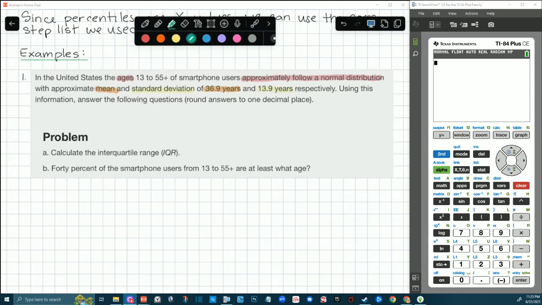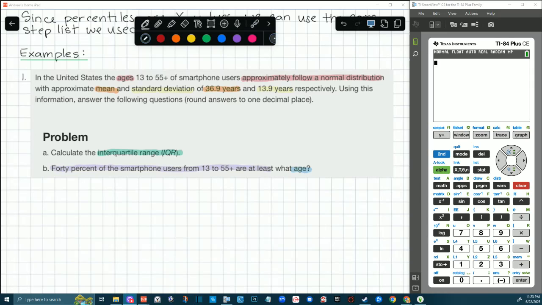And then we're asked a couple of questions. First, we're asked to calculate the interquartile range. And next, we're asked for an age, given that 40% of smartphone users are at least that age. Meaning we're given percent, or probability, or area under the curve, and we're asked for boundary values.